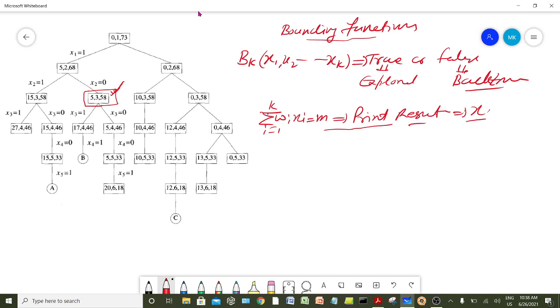So condition number one is that if the sum of wi xi, where i varies from 1 to k, plus the sum of wi where i is equal to k plus 1 to n, is greater than or equal to m, only then we need to explore it. Fine. Now try to observe what exactly it means.